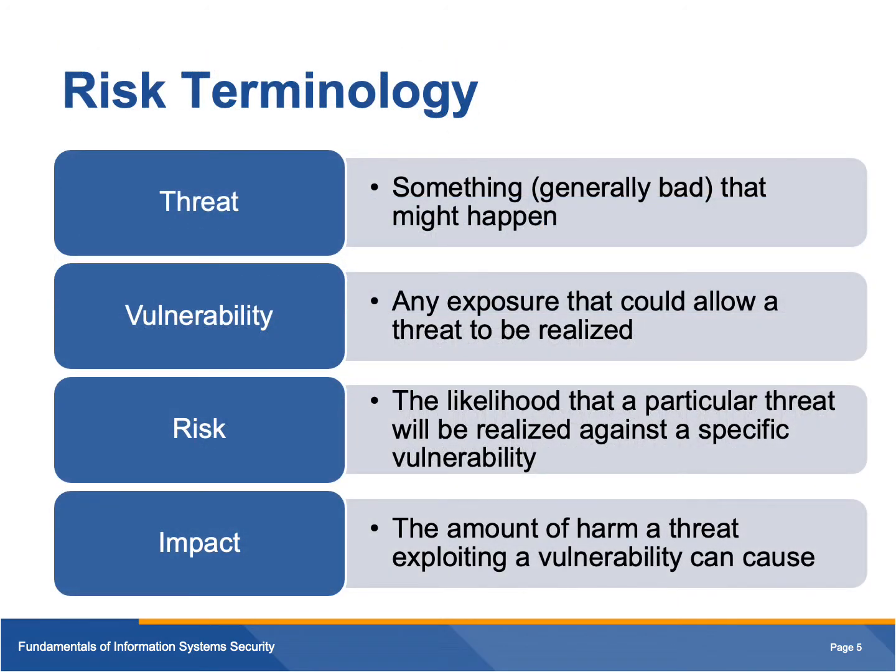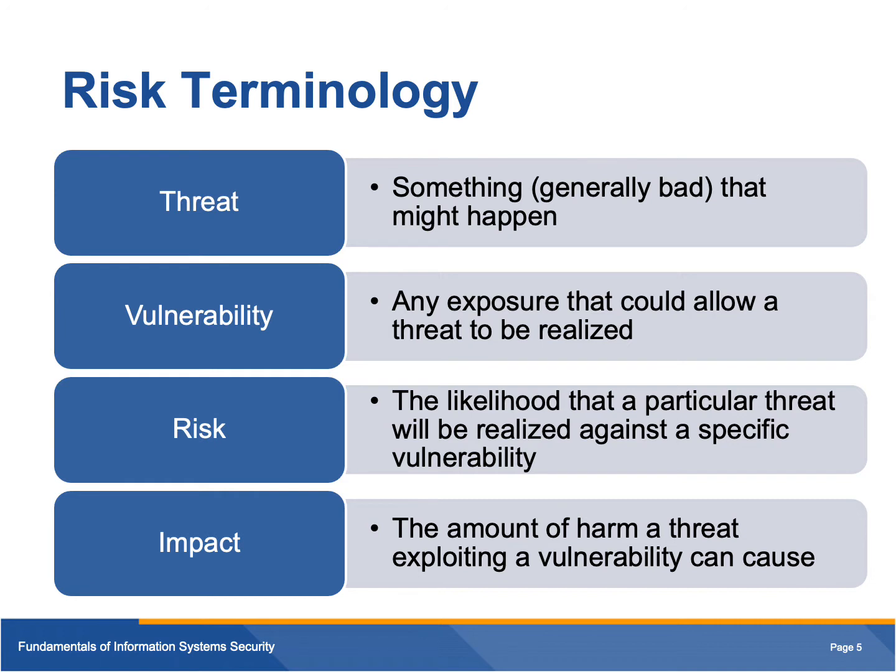We're talking about a few things today when we talk about risk management. We're going to be talking about threats. Threats are potentially bad things that could happen, or factors, hazards that could contribute to eventually making something bad happen. Vulnerabilities are the weaknesses, the bugs, the exposure that we have to particular threats in the organization.